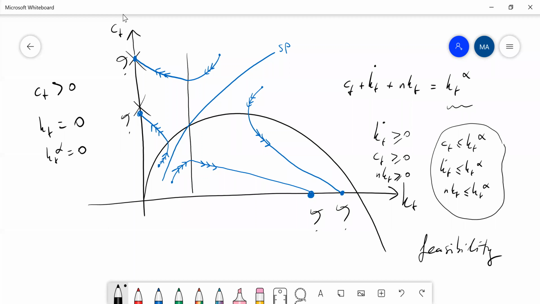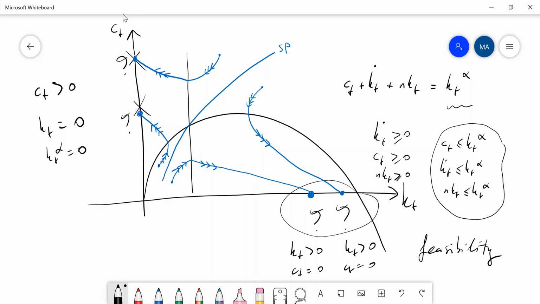Now let's look at the other points. These ones. What's happening here? In those points, we have a lot of capital, but we consume 0. From the logarithmic case, we already know that C_t equals 0 is not optimal, but here we have a more general problem.